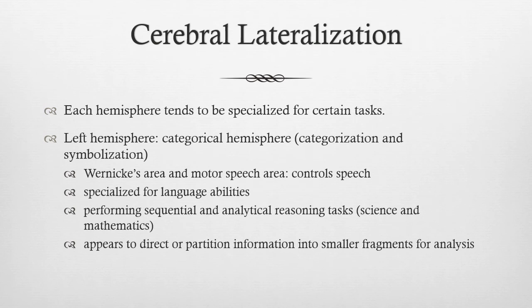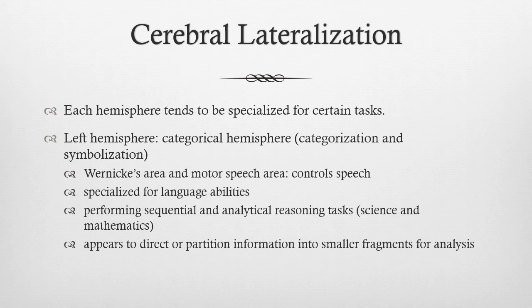For the processing of motor information and general things for the cerebrum, the two sides of the hemispheres don't work the same. This is especially so for language. Language tends to be on the left side of the brain, in the left hemisphere. So the motor speech areas and Wernicke's area are involved there.